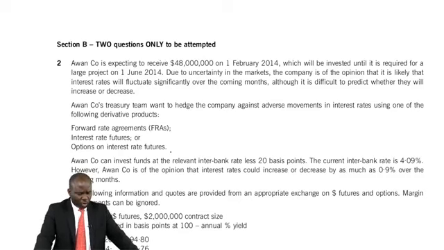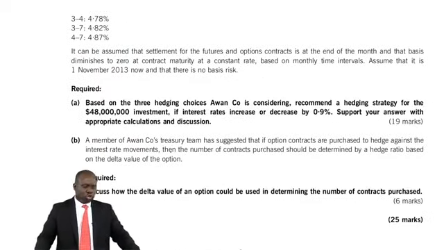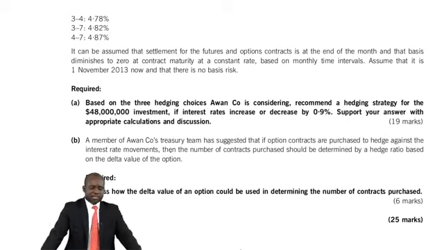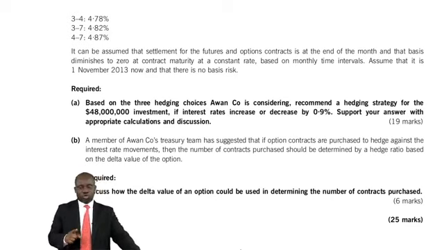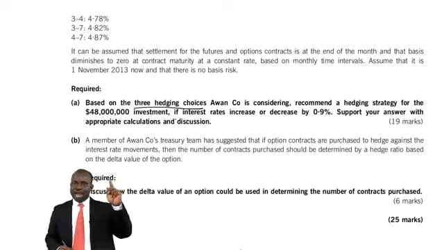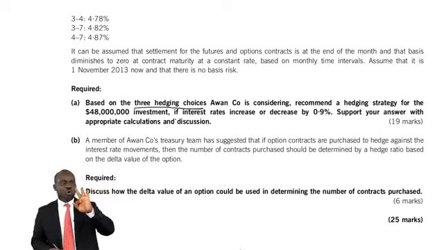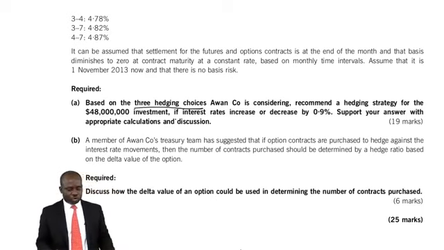So this is what we're supposed to do. R1 Co, as usual, we're going to talk about the A requirement based on the 3 hedging choices R1 Co is considering. The question is very clear: 3 hedging choices. So when I go to the question, I have to look for those 3 hedging choices R1 Co is considering.